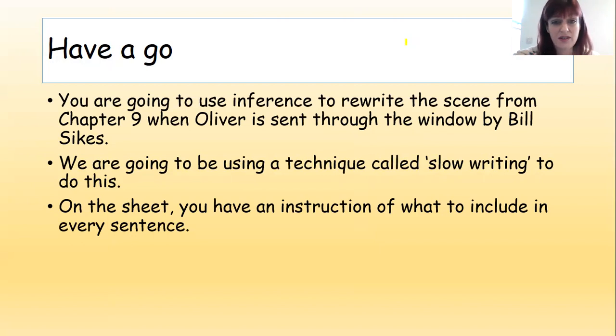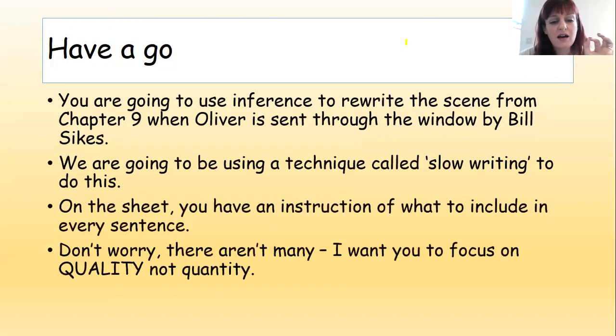I don't want loads. What I want is really precise vocabulary choices and sentences. So you've got a sheet. The sheet is on the GB primary page, and you have an instruction on that sheet what to include in every single sentence. As I said before, it's quality, not quantity.